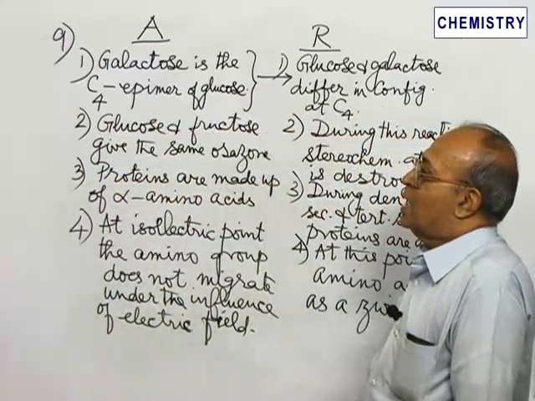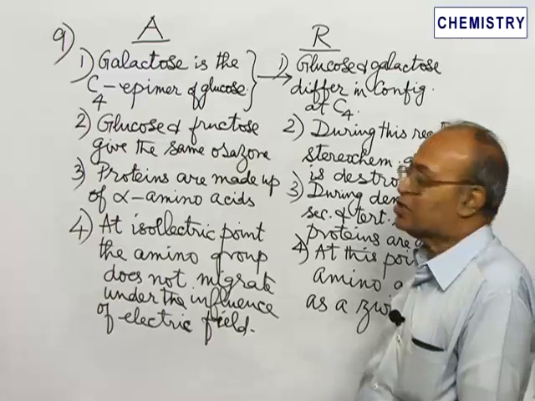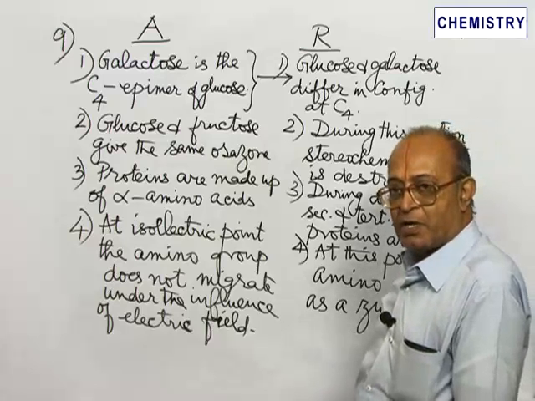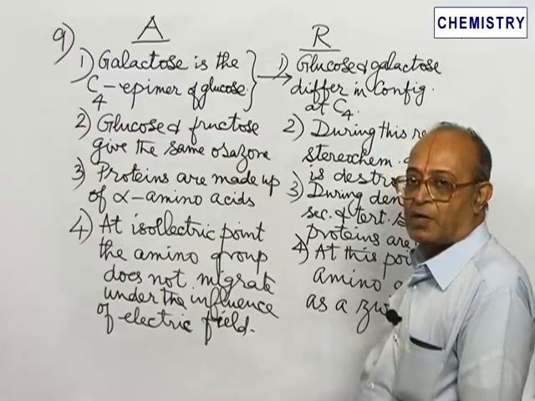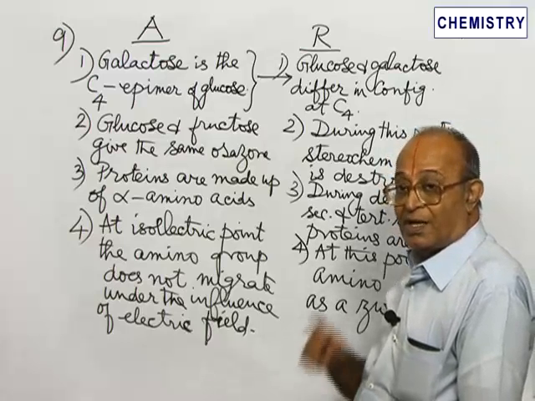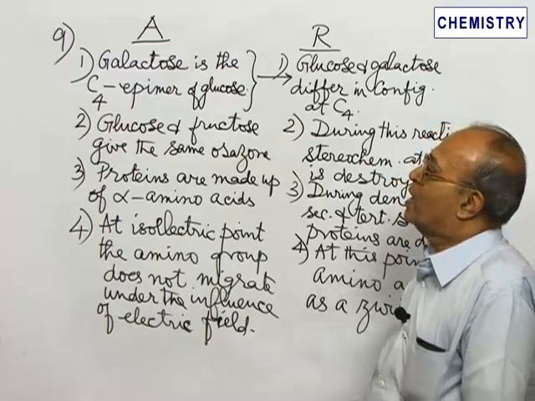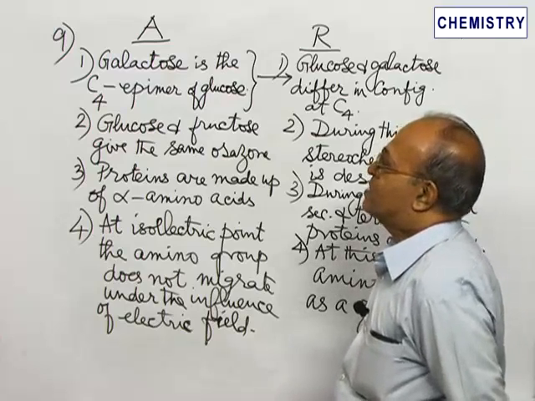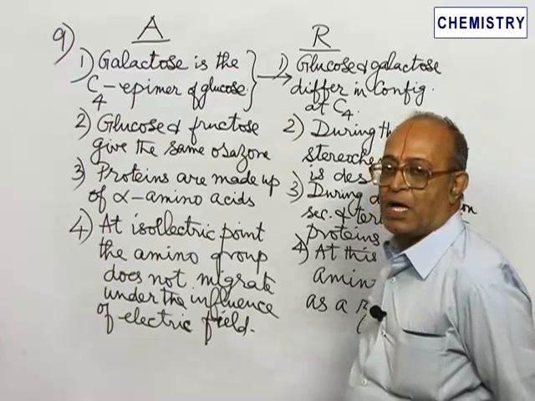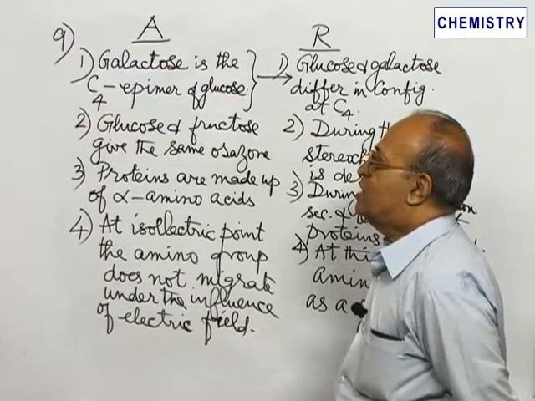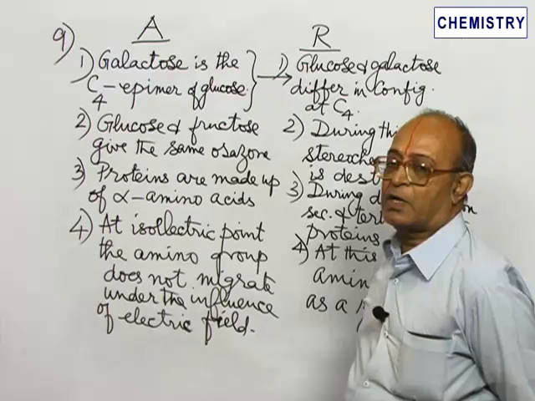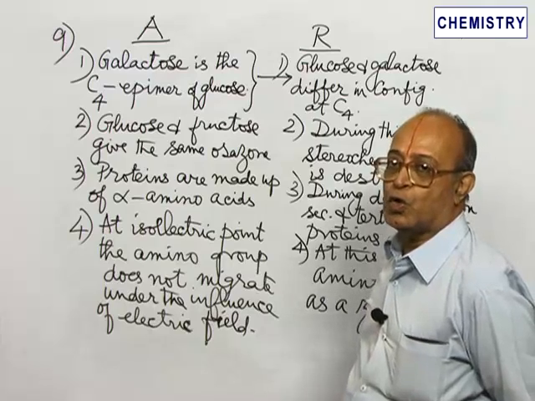Glucose and mannose, epimers, because in carbon number 2 the configuration will be different. Now first statement, galactose is the C4 epimer of glucose.